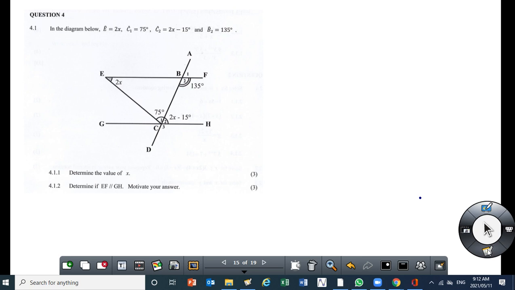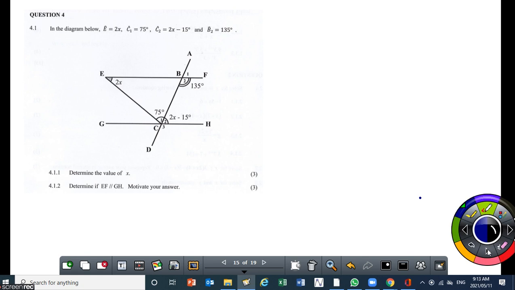So, before you start doing 4.1.1, you need to be aware that EF is not parallel to GH because it's not given there. So it's not a mistake that the diagram is drawn like that. So we need to find the value of x.